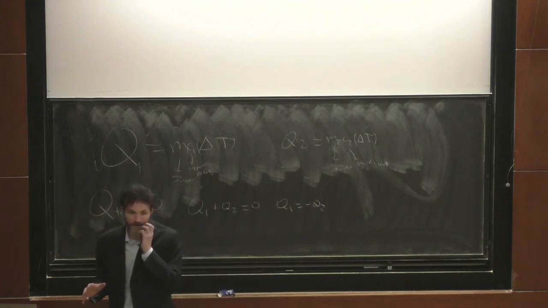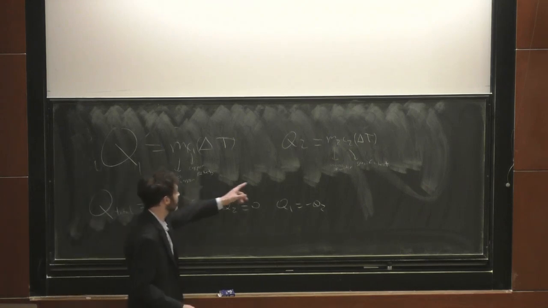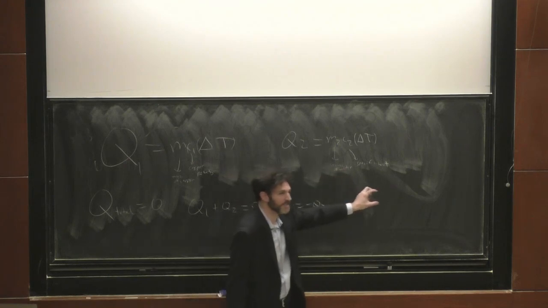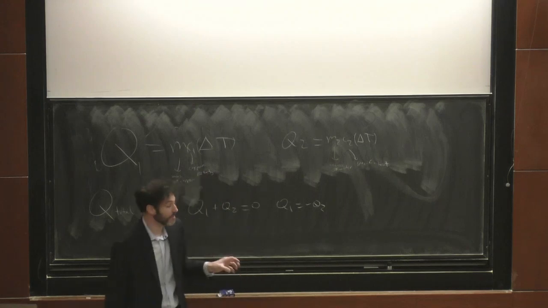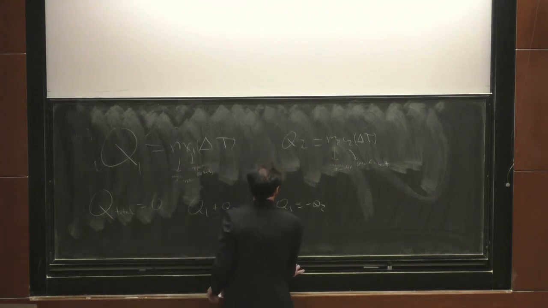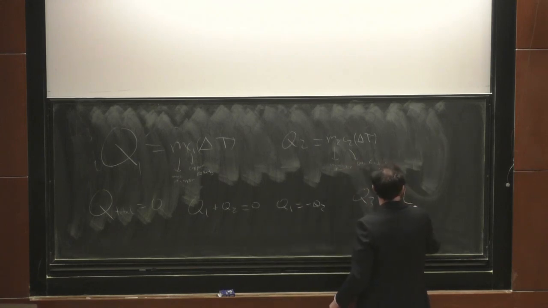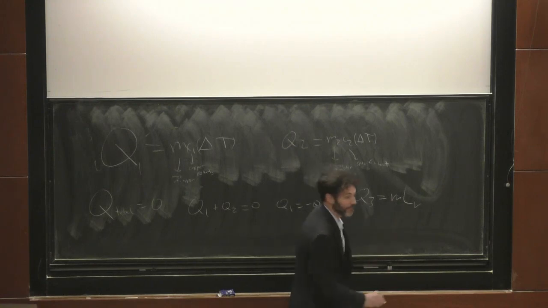You know T final is 100 degrees for this term with the water, because you know it's going to start with whatever it started with and stop at 100. And then you're going to write a third equation. You're going to have Q3 equals mL, where L is the latent heat of vaporization for water.